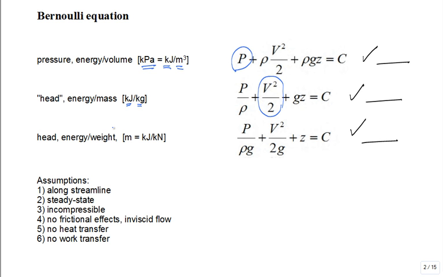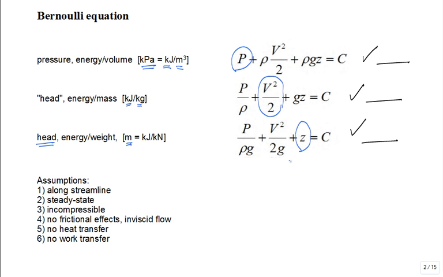Sometimes they'll talk about energy head, or sometimes they'll say that's head, but really head is a term reserved more for energy per unit weight, which has the same units as elevation, or meters. And somebody says meters is interpreted as energy per unit weight. Yes, it is. In the Bernoulli equation, each one of these terms is in units of meters in SI, and it's interpreted as energy per unit weight.